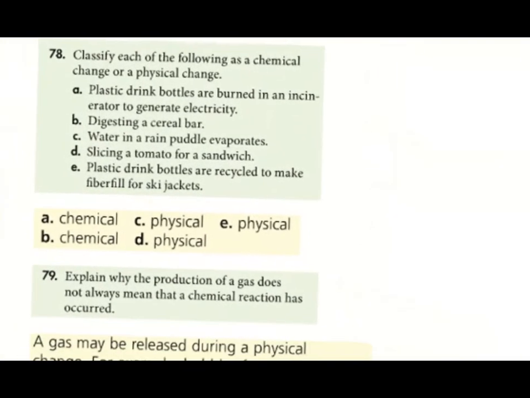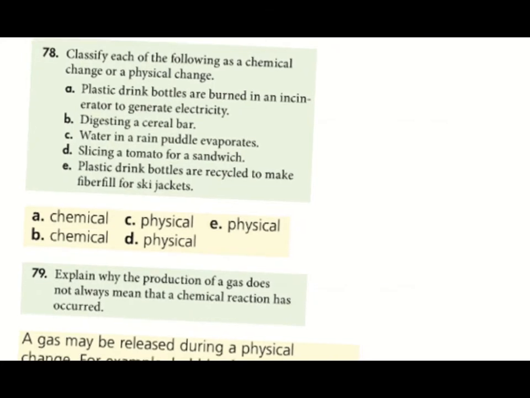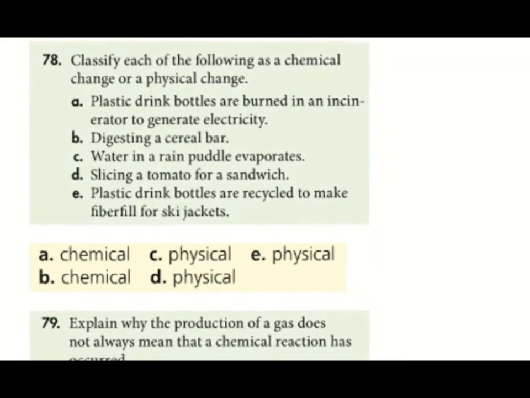Classify each of the following as chemical or physical. Plastic drink bottles are burned in an incinerator to generate electricity. So when you burn the plastic drink bottle, it produces electricity.